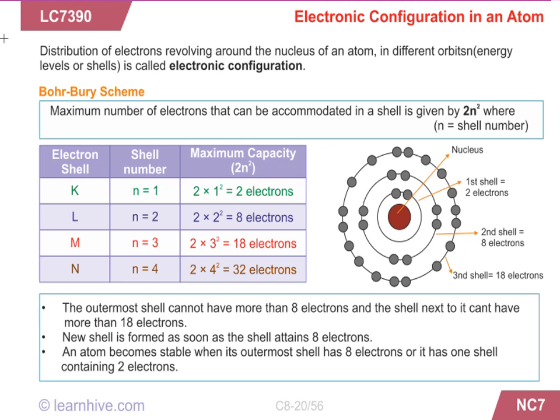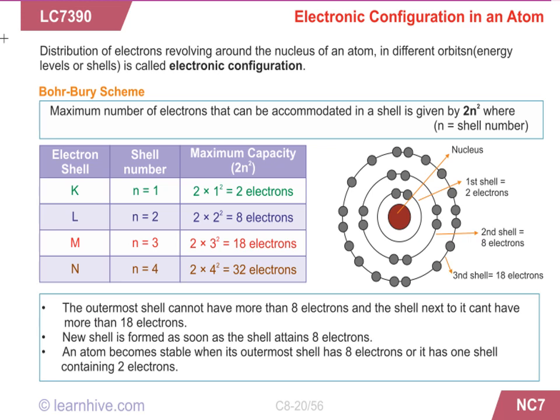A new shell is formed as soon as a shell attains 8 electrons. An atom becomes stable when its outer shell has 8 electrons, or it has only one shell containing 2 electrons. K, L, M, N shells.